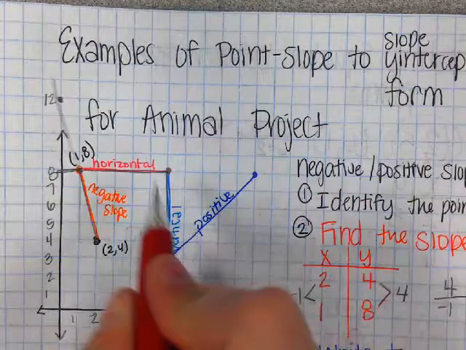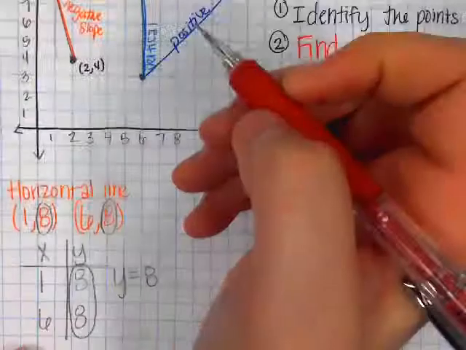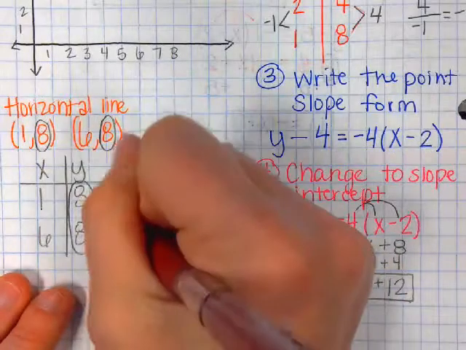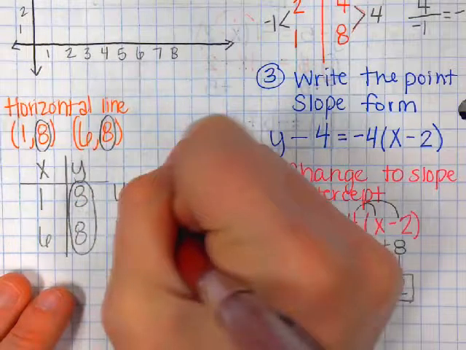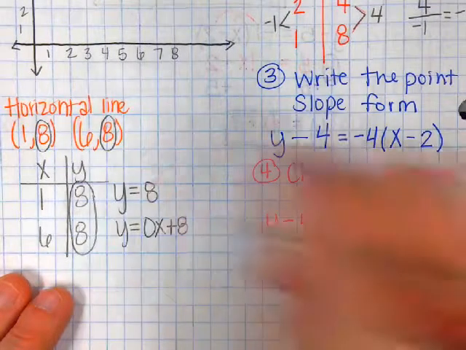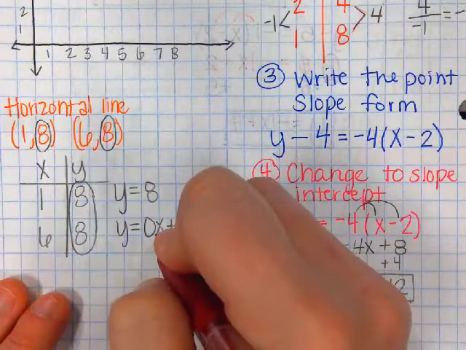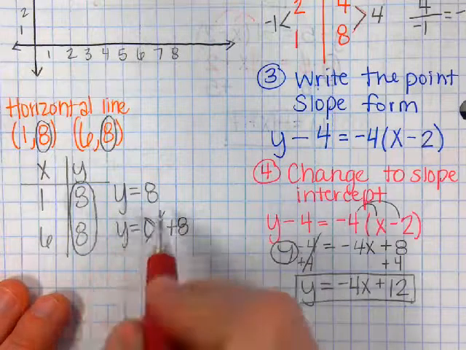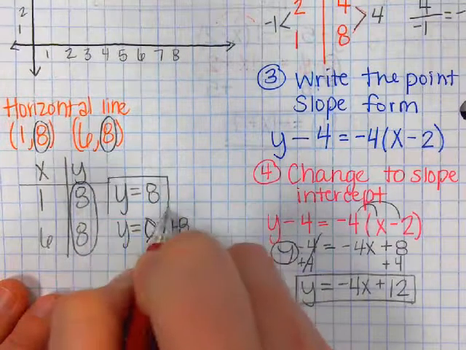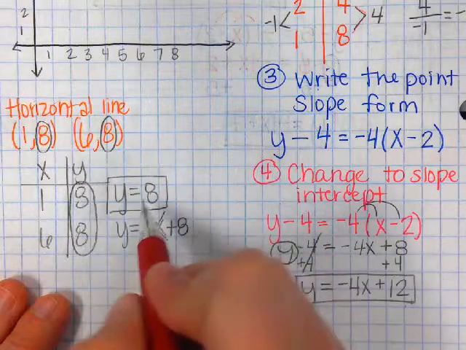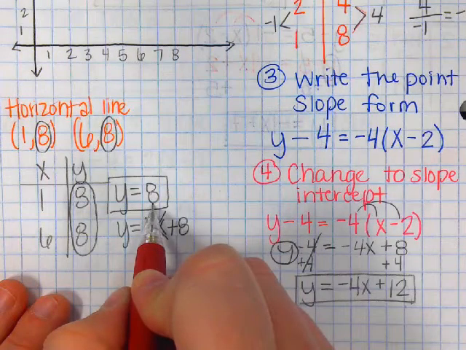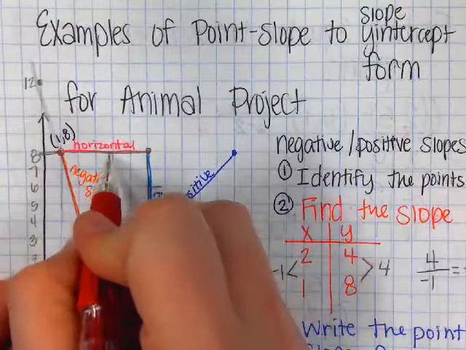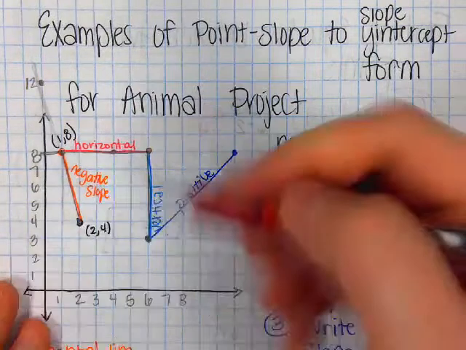If I continued this line back, the y-intercept would be 8. And notice it has a 0 slope. So you really could write it as y equals 0x plus 8 because the slope is 0. But you don't have to write that. It's just y equals 8 because every value along that line is going to have an 8 as the y value.